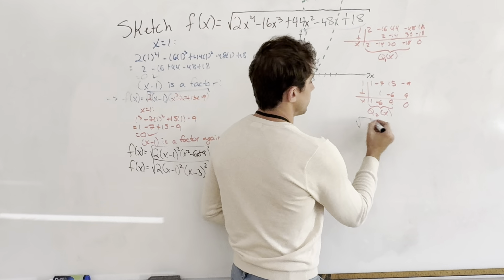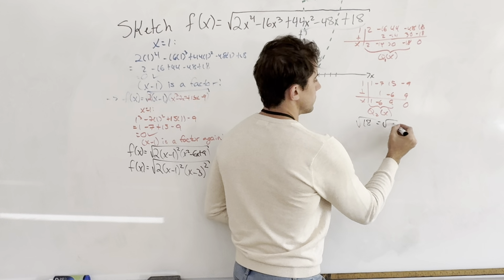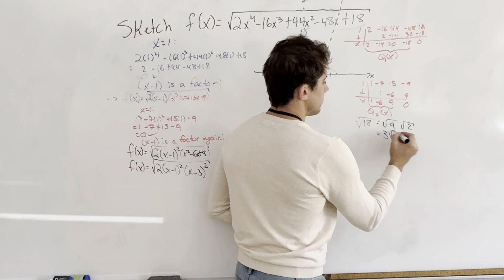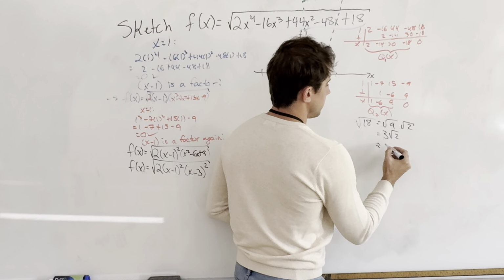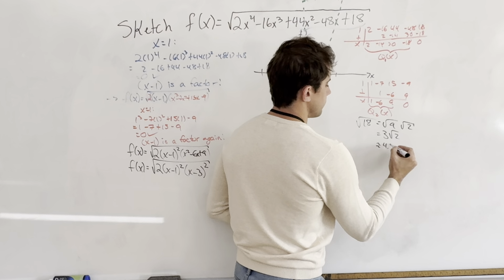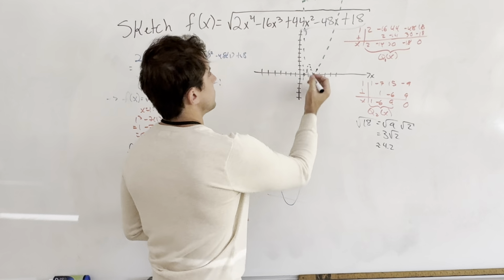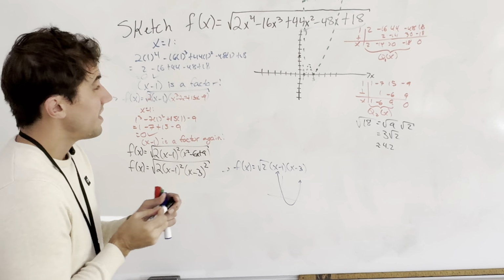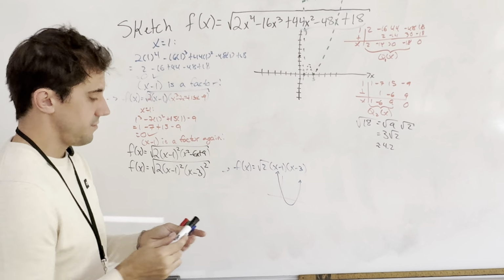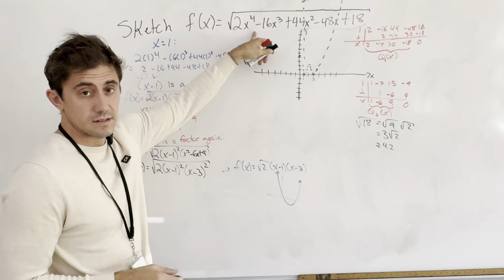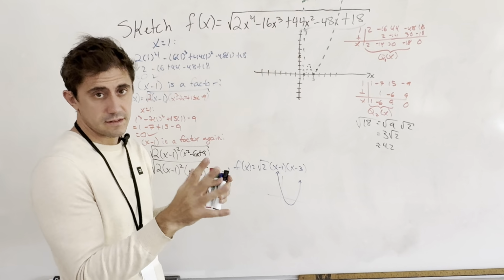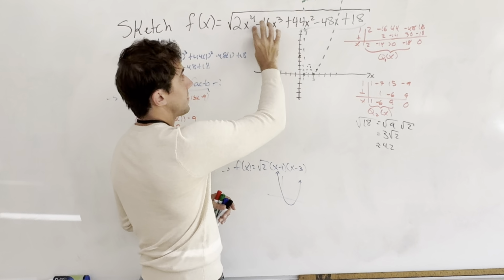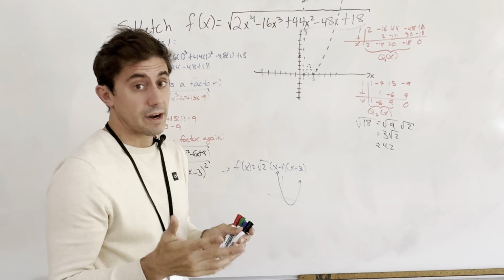I'll remind you that root 18 is root 9 times root 2, and that's 3 root 2, which is roughly 4.2, let's say. So we'd have a y-intercept somewhere around here. And then we're taking the square root of a quartic, right? So this is roughly, very roughly, going to look like the square root of an x to the 4, which should be an x squared.